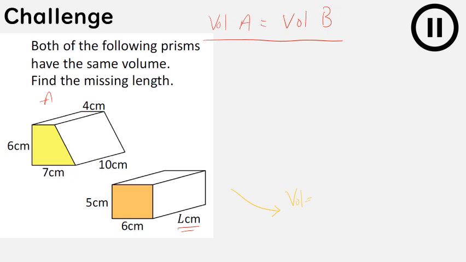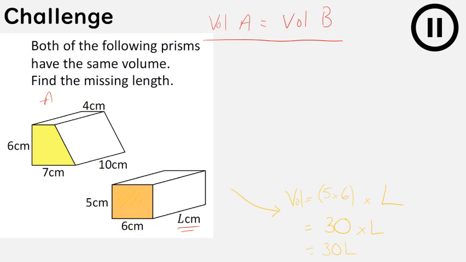Well, the cross-section area is this rectangle here, which is 5 times 6, and the length that it goes back is L, which we're just going to have to put as L because we don't know it yet. 5 times 6 is 30 times L. So the volume of that orange shape there is 30 times L. We could call that 30L.